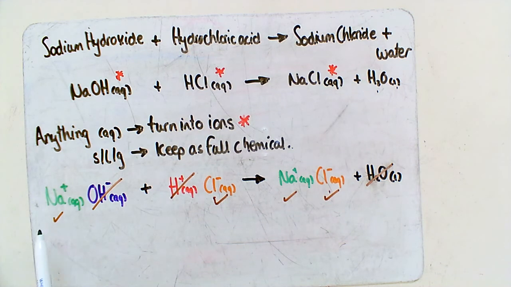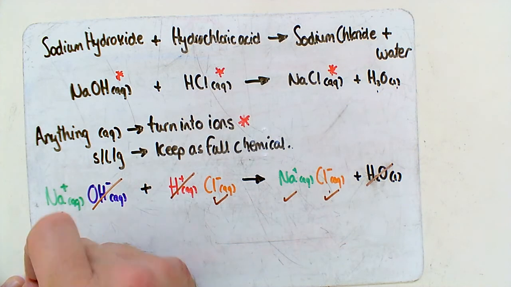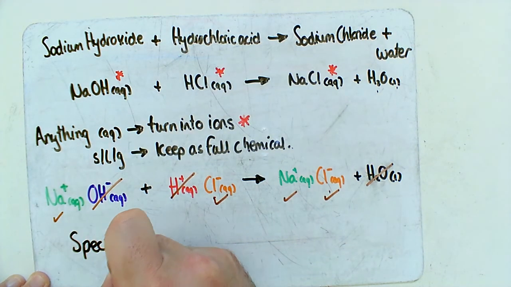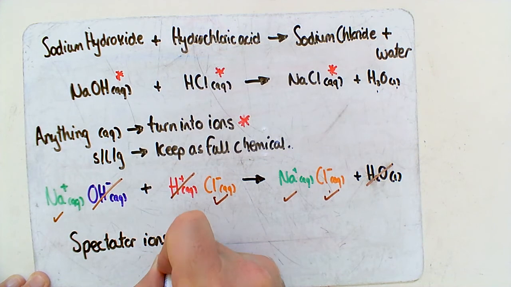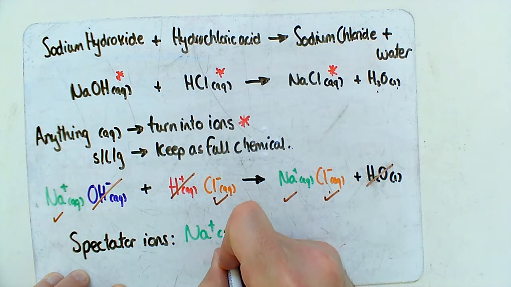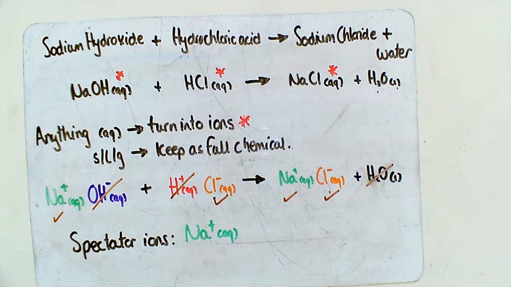Now, any ion that's on the left-hand side and the right-hand side, we call a spectator ion. So any ion that's on the left-hand side and the right-hand side is a spectator ion. So our spectator ions are Na plus and Cl minus.